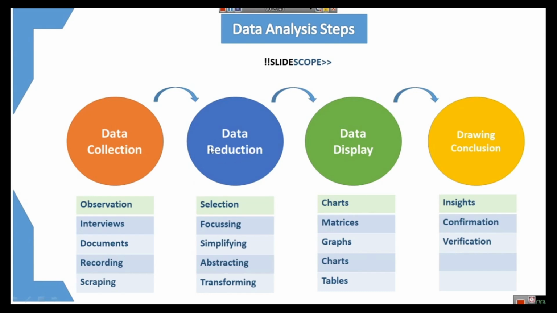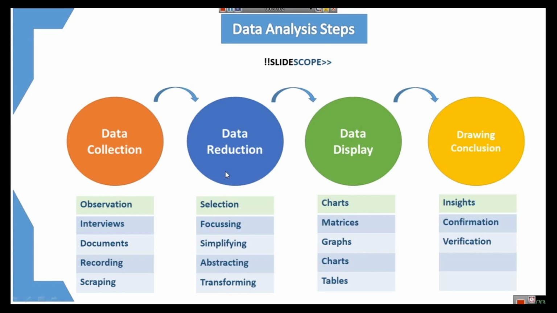Then there is data reduction. This is basically the process of removing unwanted data and keeping the productive or useful data. And the methods involved in data reduction are selection, focusing, simplifying, abstracting, and transforming.